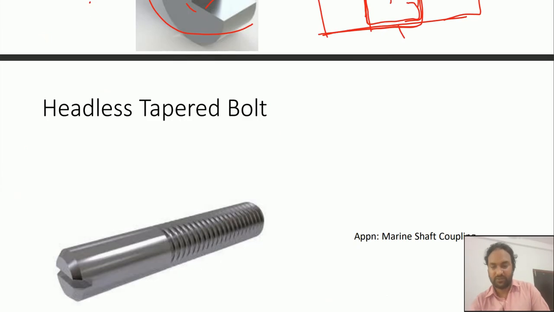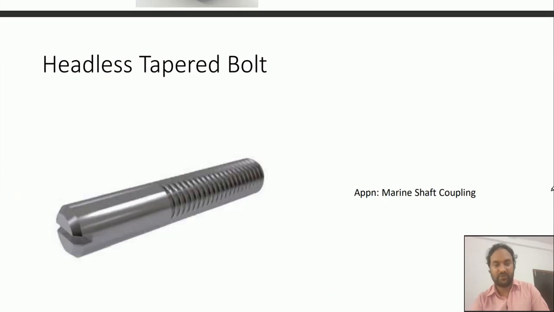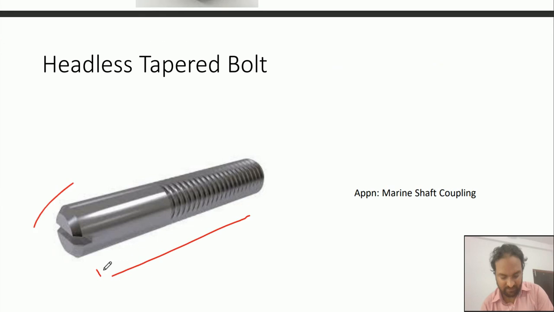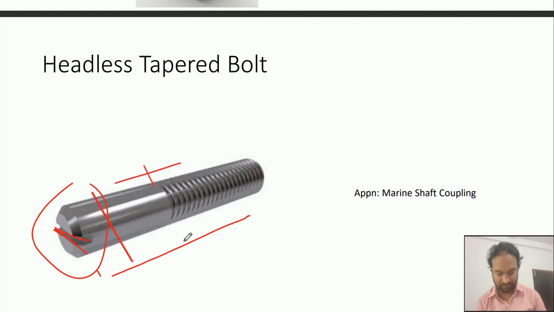Next you see the headless tapered bolt. This bolt will look like this. There is no head, but we will have a straight groove here, a straight cut, so that we can use a screwdriver in this. We can use the screwdriver to hold it, and it will insert inside the hole.